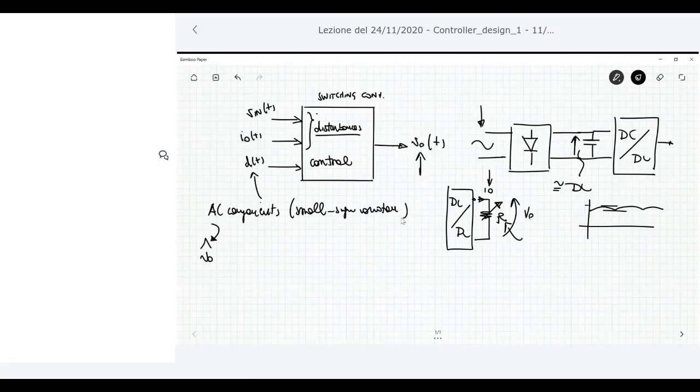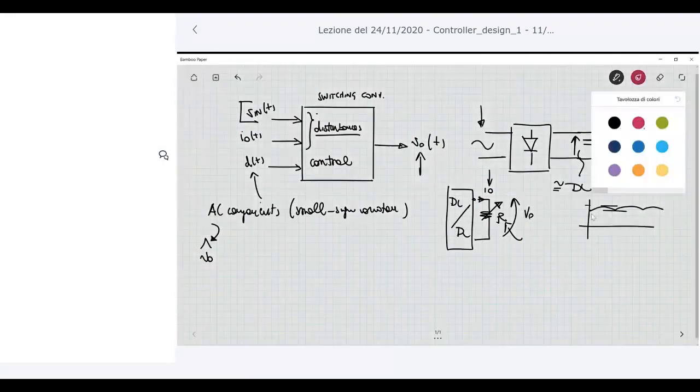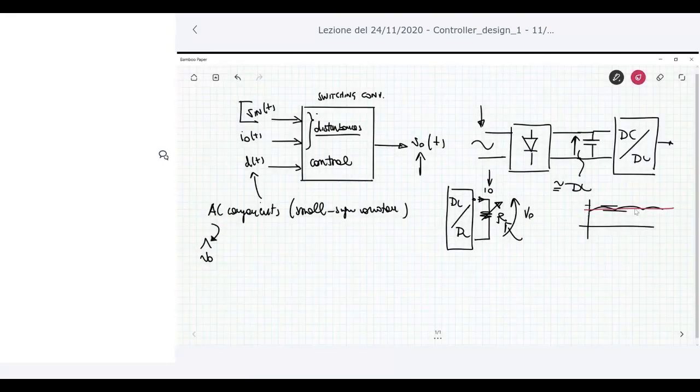For example, the voltage V can change. Look at this waveform here. It can have a variation superimposed onto a constant value. There is a voltage V in which is an average value, and then you have a variation.